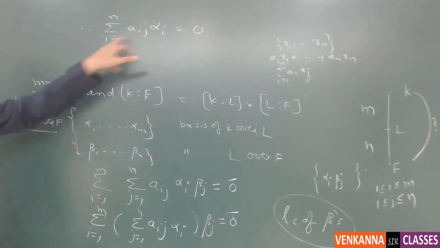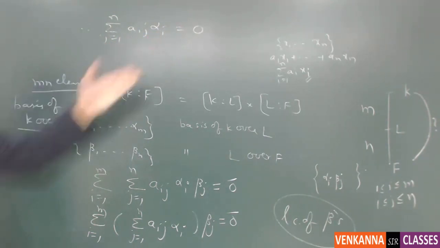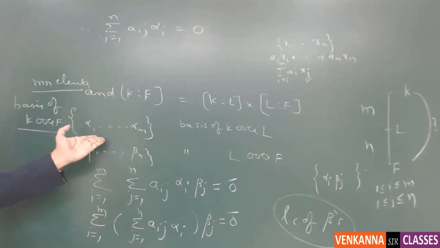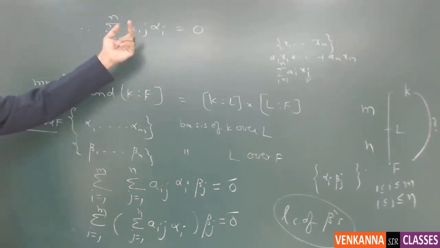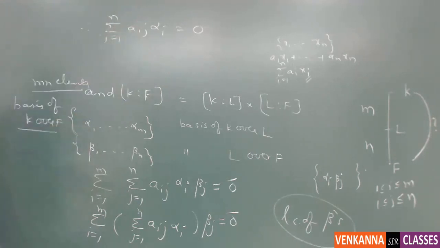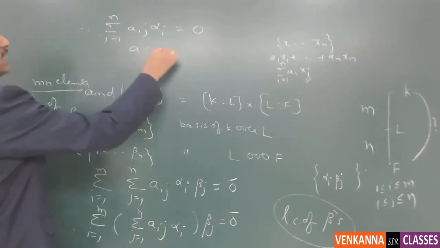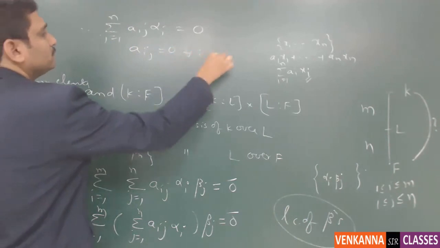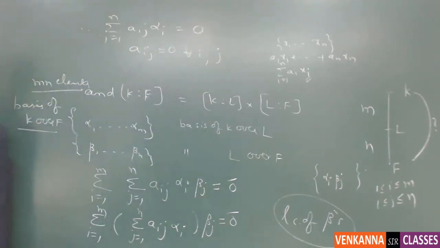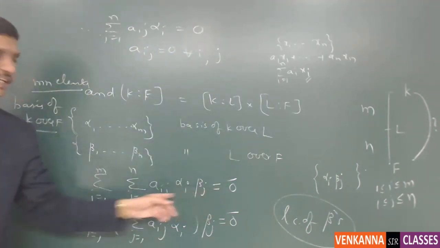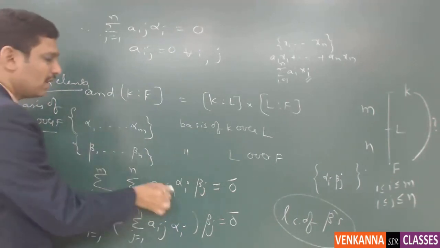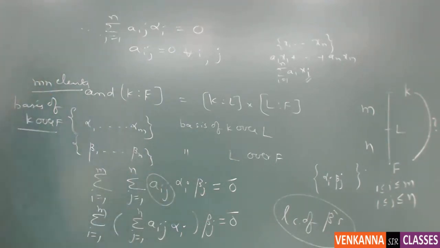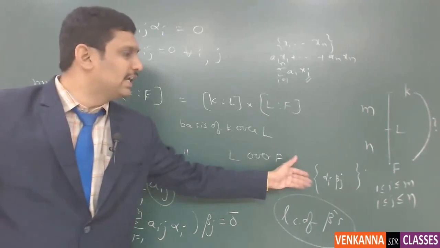Again, this is a linear combination of alphas. Since alphas are a basis, they are linearly independent. The scalars in the linear combination must be 0. So this is nothing but all a_ij equal to 0. Here I have considered the linear combination in which all the scalars have become 0. Therefore, this set is linearly independent.